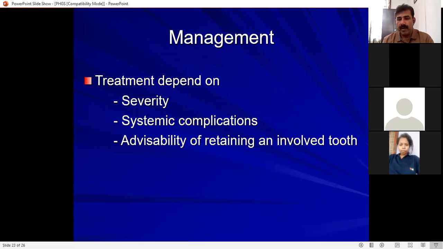If you find that there is no space, it is an impacted tooth, then you will have to remove the tooth and the problem will subside. So these are the three basic guidelines on which you manage pericoronitis. One is based on severity, second based on systemic complication, and third is based on the advisability of retaining an involved tooth. Okay.